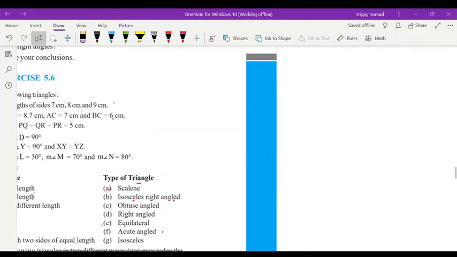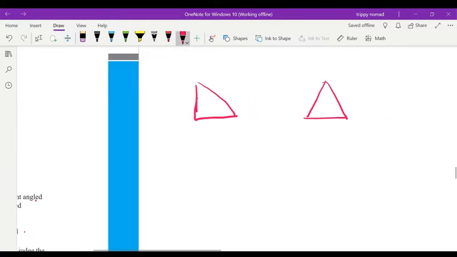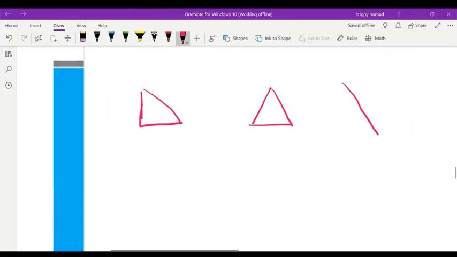First definition: types of triangles on the basis of their angles, which you have learned. First is right angle triangle, second is acute angle triangle, and third is obtuse angle triangle. If one of the angles in a triangle is 90 degrees, it is called a right angled triangle.